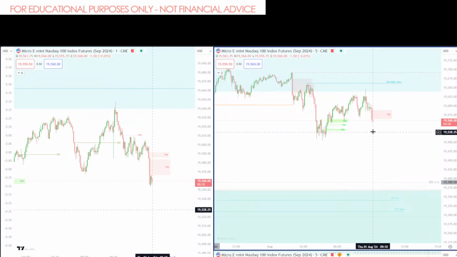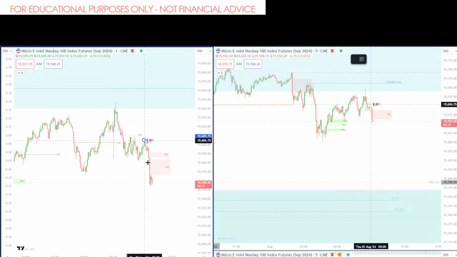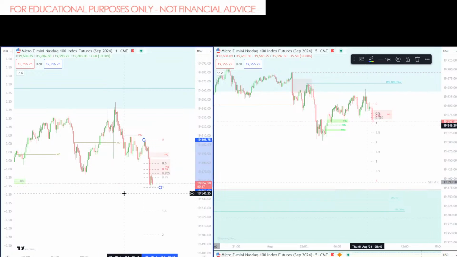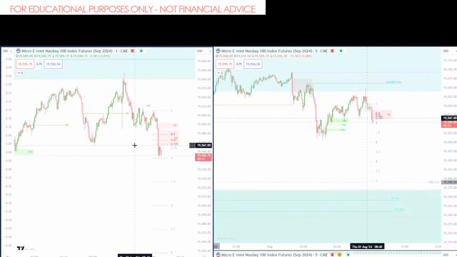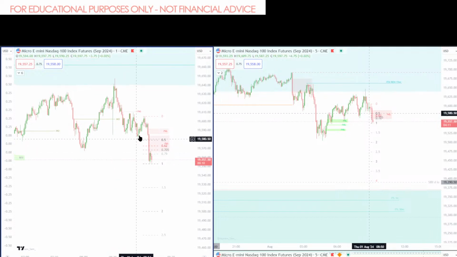I think I'd probably want to see a retracement into this leg here before entering short. But maybe not. Maybe that's already been done.